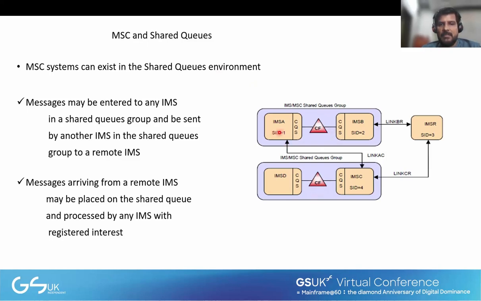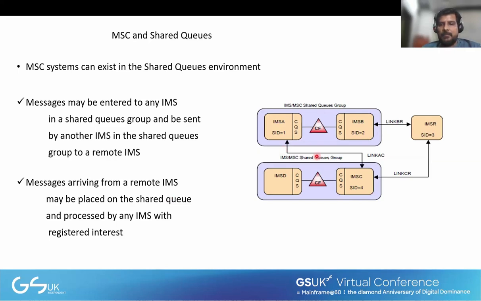Notice that there is no MSC link between IMSD and IMSC in the lower group, and IMSA and IMSB in the upper group. However, IMSC is connected to remote IMS, IMSR, through MSC link CR, and IMSB is connected to remote IMS, IMSR, through link BR.